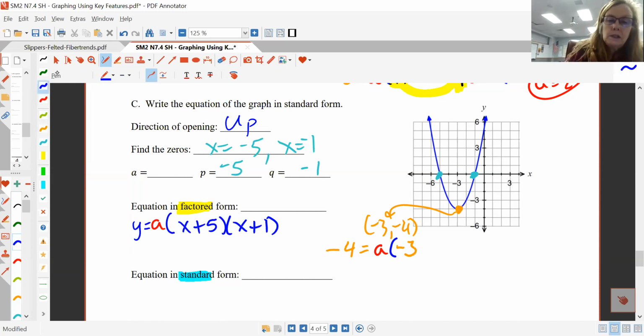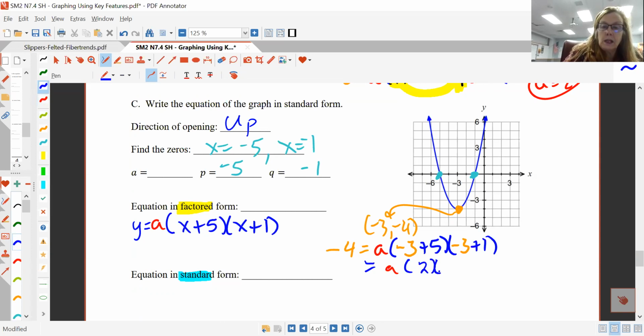-3 plus 5 and -3 plus 1. So what I have done so far is I have essentially just calculated that, right? So what am I getting then? Equals A. That's 2 and negative 2.